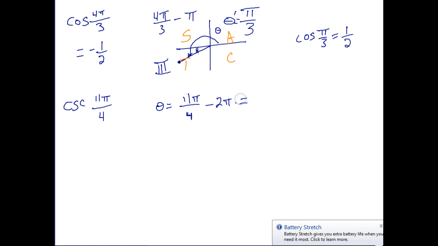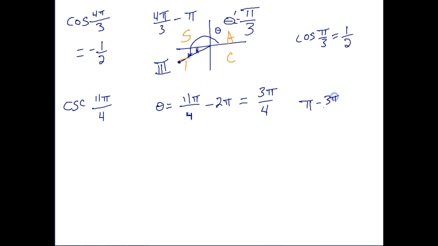When we subtract 2 pi, we get 3 pi over 4. 3 pi over 4 is in the second quadrant, so for its reference angle, we take pi minus 3 pi over 4, which gives us pi over 4. That's our reference angle.